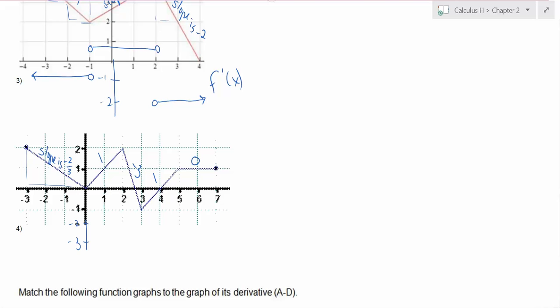I'm going to draw it in red this time so it's a little bit easier to see. All right, so -2/3, and then 1, -3, 1, and 0.